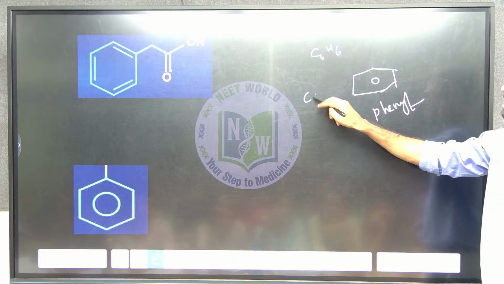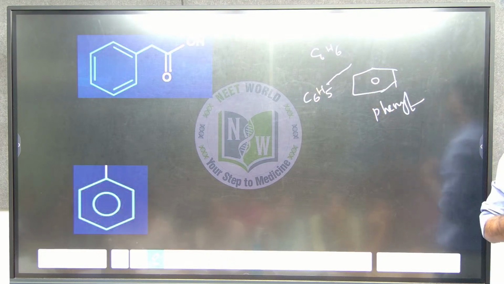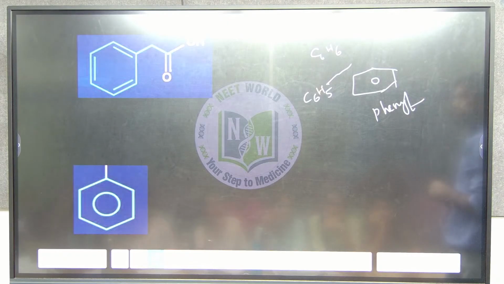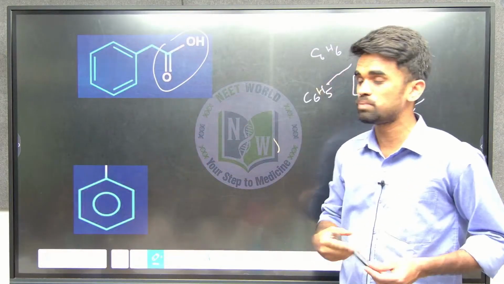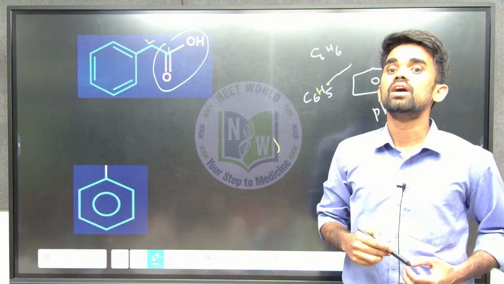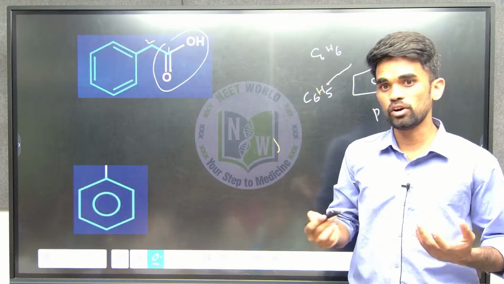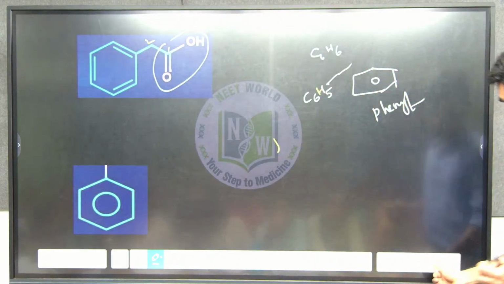Phenyl is C6H5, which means a carbon valency attached to some other thing. We know carboxylic acid is the principal functional group. So 1, 2. 2-phenylethanoic acid. That's it.